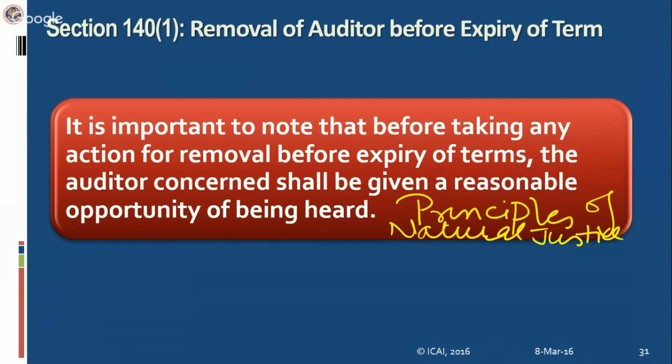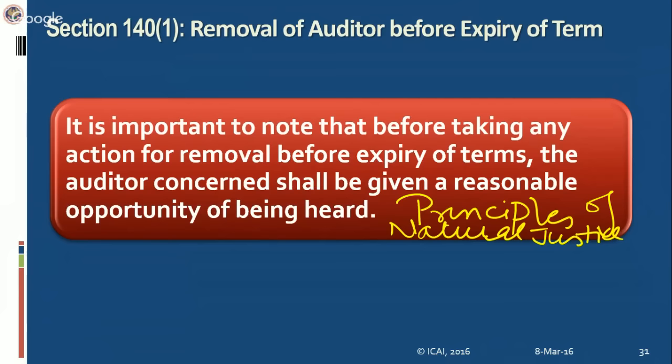So here something harsh is going to happen with the auditor. He is going to be removed from his office. So it becomes a duty of the company that before taking any action for removal, before expiry of his term, of course, he shall be given a reasonable opportunity of being heard why he should not be removed from his office.